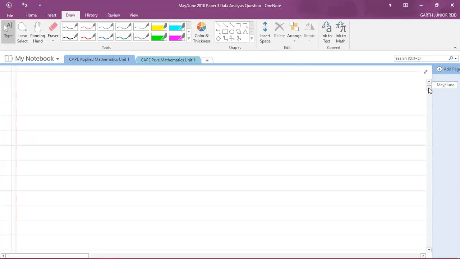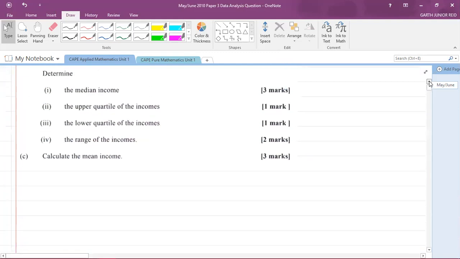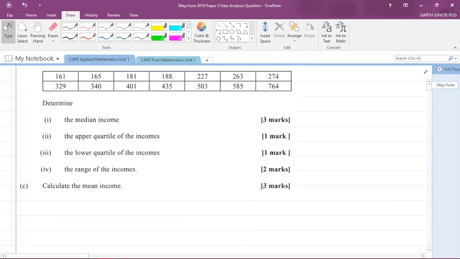Let us do part 1 of B here, which says that we are to determine the median income. So this is the solution. What is the median?